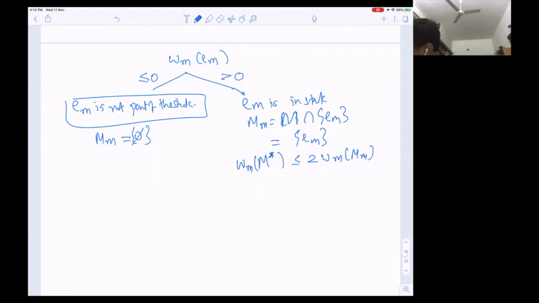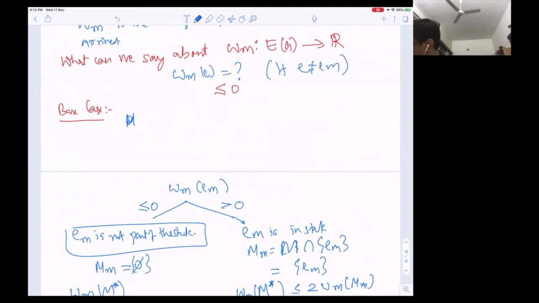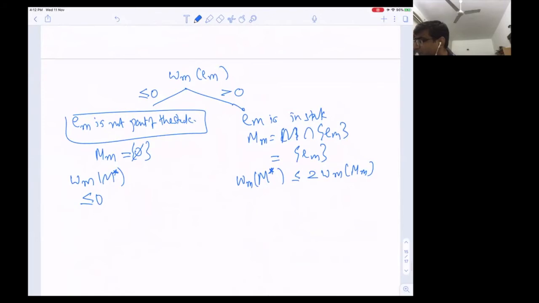But in this case we are perfectly fine, because the weight of M star is some quantity which is less than or equal to 0, because we just now argued that every edge was less than or equal to 0, and the weight of Em is also less than or equal to 0 in this case. So the weight of M star is less than or equal to 0, which is less than or equal to 2 times the weight of Mm, because at least this is 0. Agreed? Right? So the base case is all good and done.